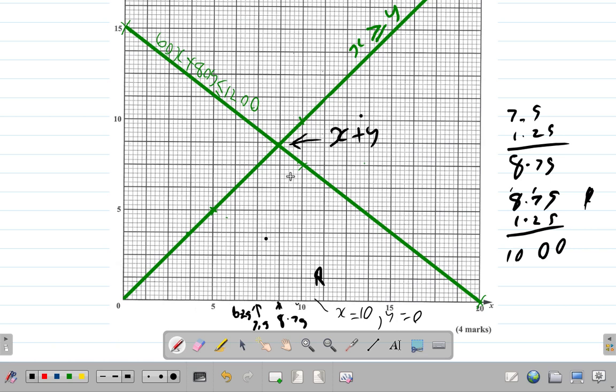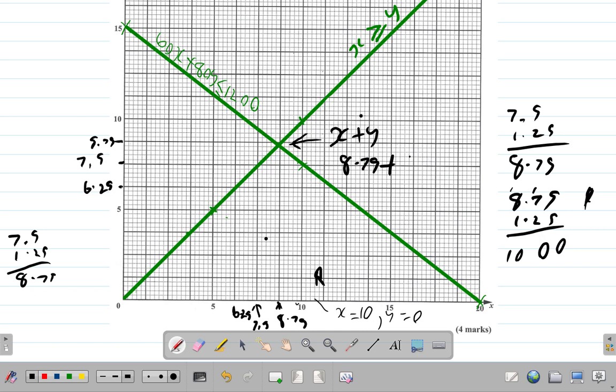So this point is 8.75, the same argument applies here. So this would be 6.25, 7.5, and then 7.5 plus 1.25 would be 8.75.